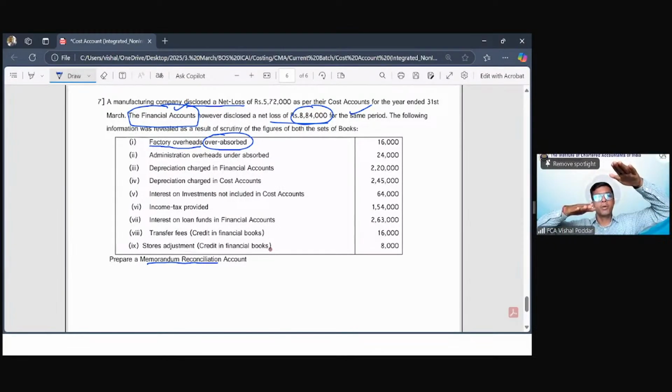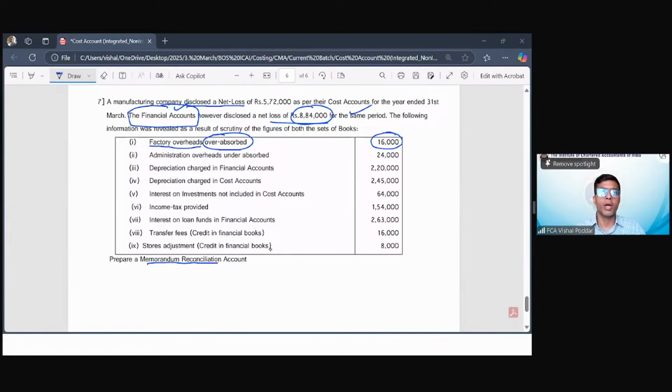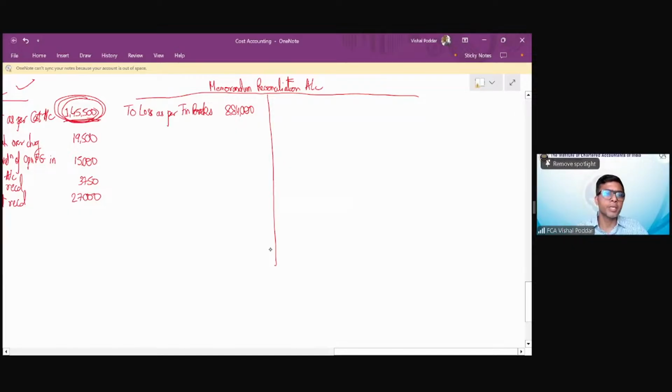Now what is my starting point in this sum? My starting point is loss as per financial books. I have to climb upwards. So I will add this amount. Now interesting, I've decided to add. How will it get added? My opening balance is on the debit side. So in order that this amount gets added, I have to post it on the debit side itself.